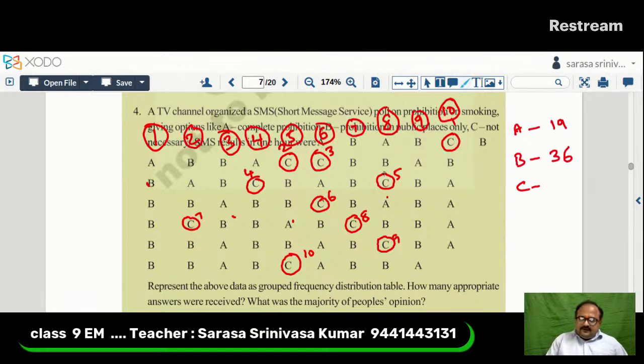In the first attempt, we counted horizontally. Now we are counting vertically, cross checking. In the 11th column, we observed 10 C's. So the number of polls for C is 10.